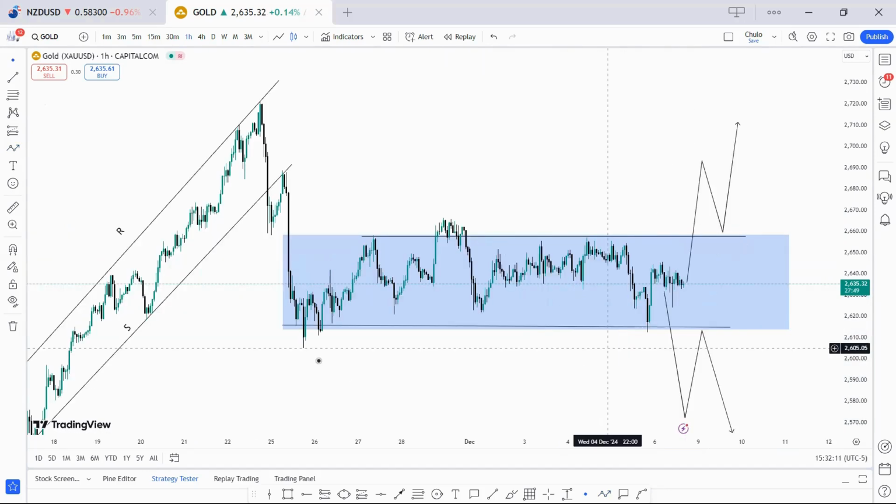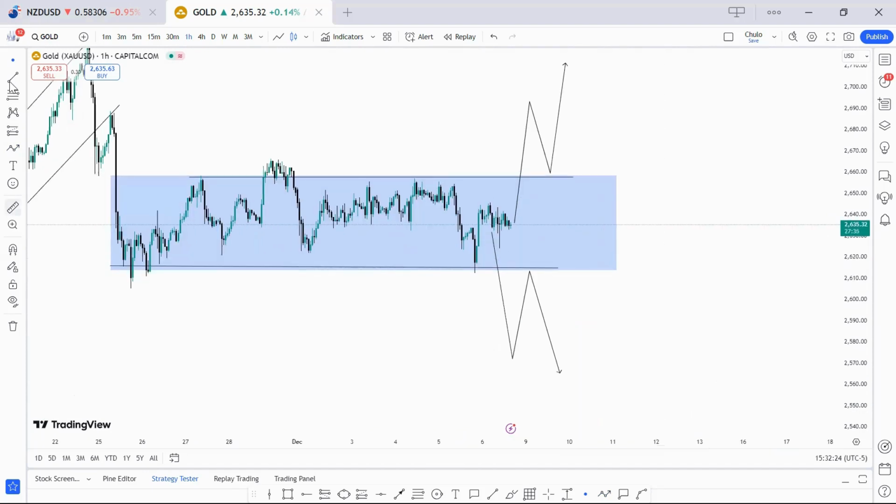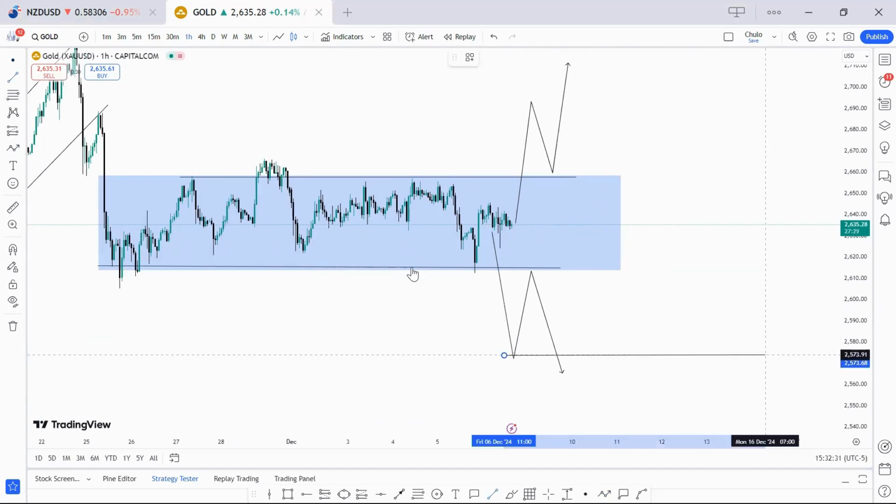Now another thing you should know about support and resistance is this. When the support level fails, it becomes a new resistance. Like we have here, this support level has failed, and it led price to this level, which is the lowest point price got to. So now our support level has become our new resistance level, because we're expecting price to come back there, resist, and push back down.